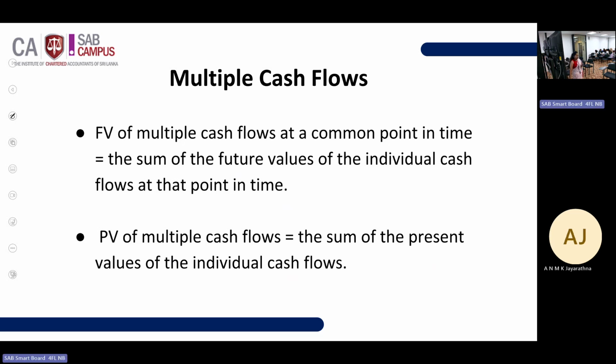Multiple cash flows. If we have different cash flows to calculate PV and FV, how can we calculate? FV of multiple cash flows at a common point in time equals, future value and then the present value.